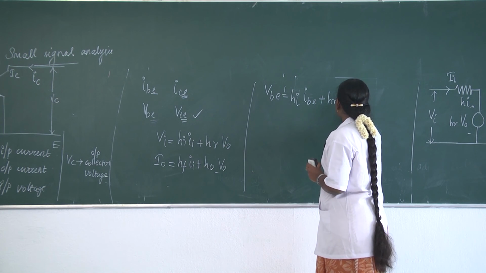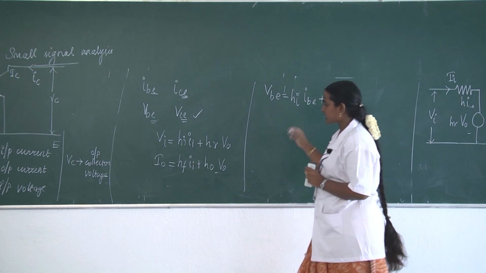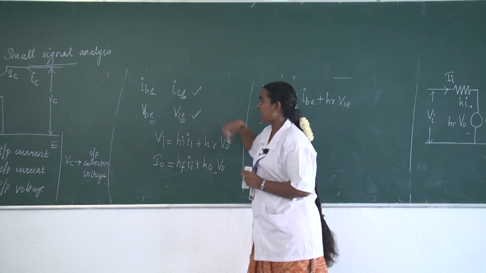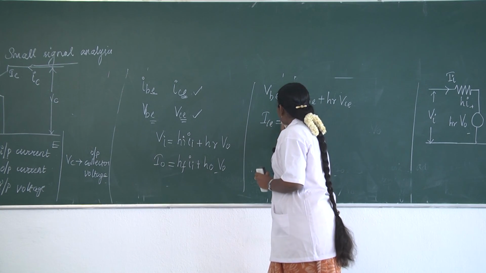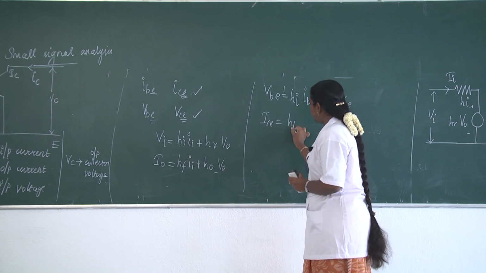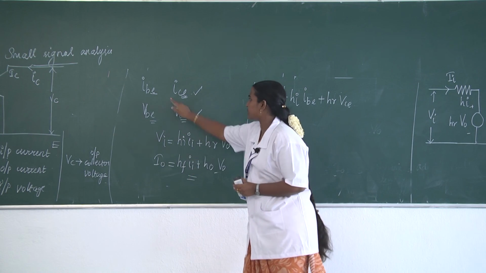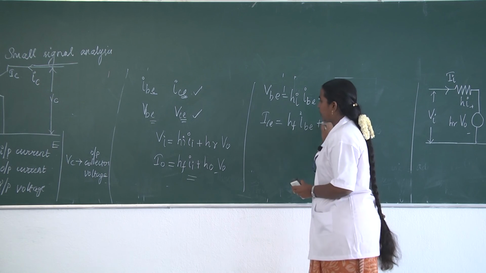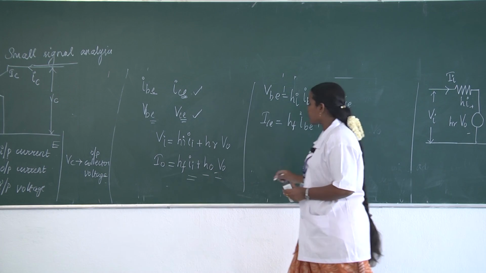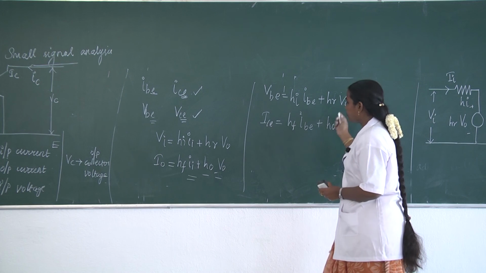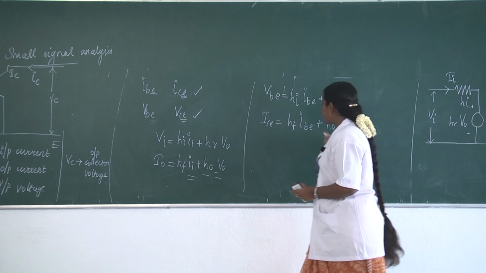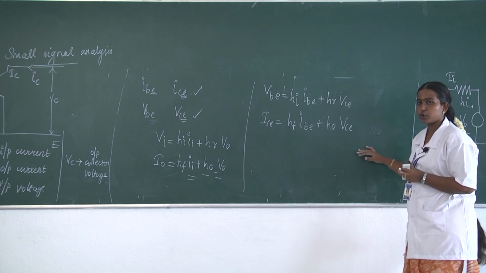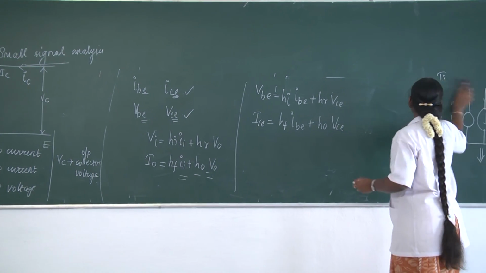So I am going to represent this as VCE, and the second equation is in terms of output current. I know that the output current is ICE. So ICE will be equal to hf into Ii, which is the base current, that is IBE, plus we have h0 and V0. So we have to represent it as h0, and V0 is the output voltage, which is VCE. So for this equation, now we are going to draw the simplified equivalent circuit.